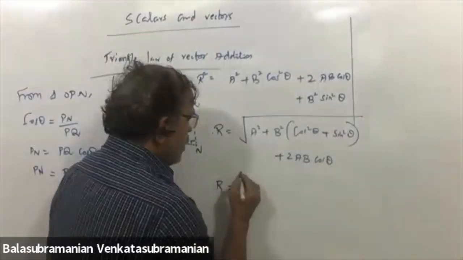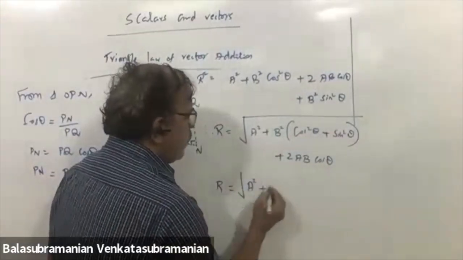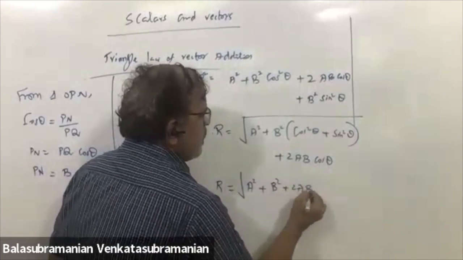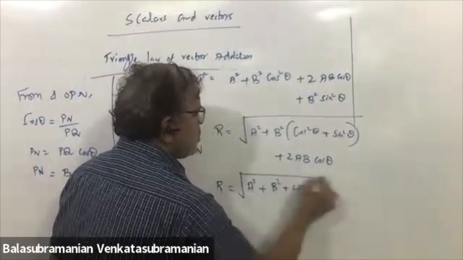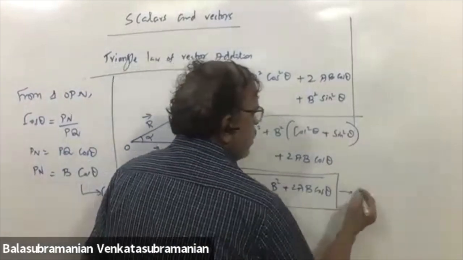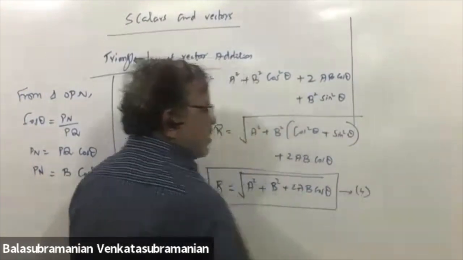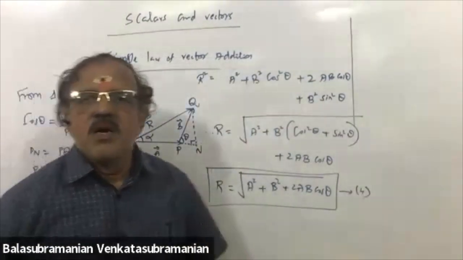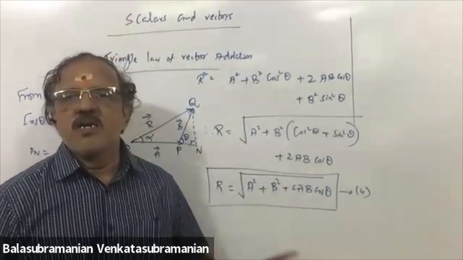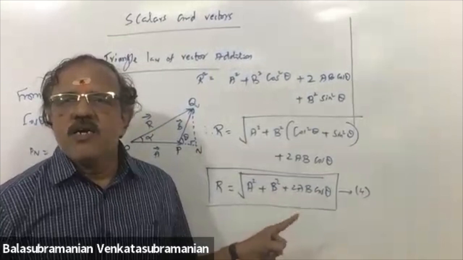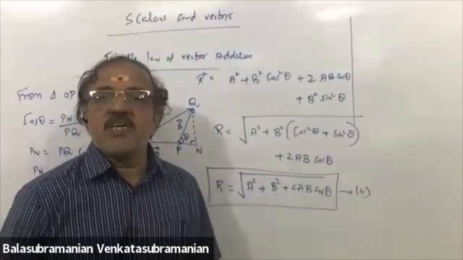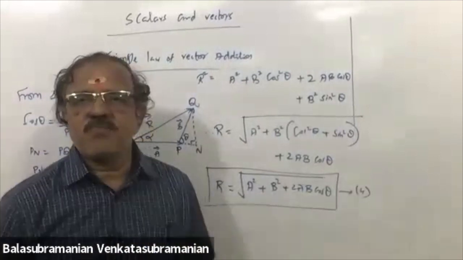So R is equal to root of A square plus B square plus 2AB cos theta. This is the resultant of the triangle law of vector addition of two vectors. This is the magnitude of the resultant.